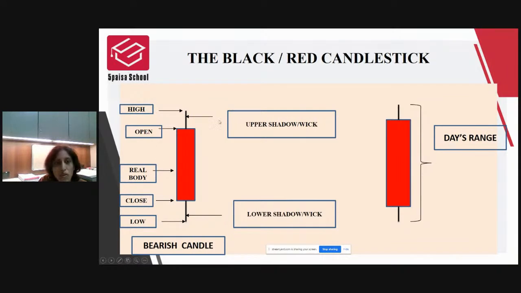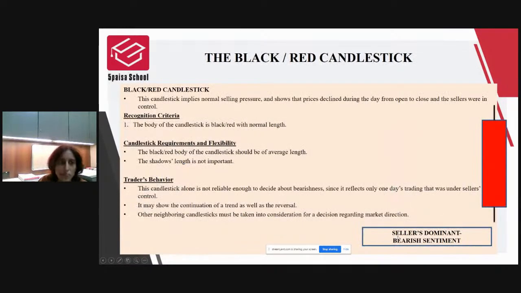Of course, as I said before, this line which you are seeing is referred to as the upper shadow or the upper wick, and this is referred to as the lower shadow, or the lower wick. And on the right hand side of the screen, as you can see, this represents what was the highest trading price and what was the lowest trading price for that particular day.